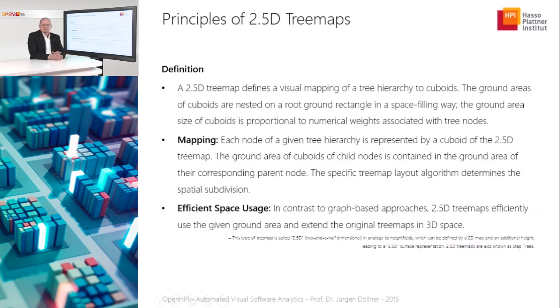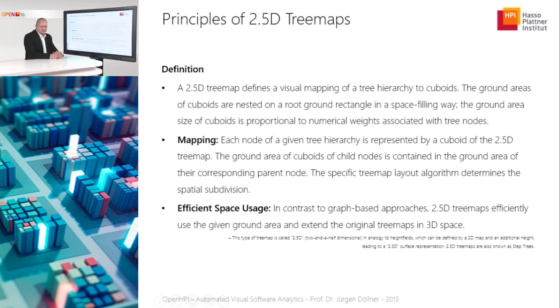Let's define 2.5-dimensional tree maps. It's defined as a visual mapping of a tree hierarchy to cuboids. The ground areas of cuboids are nested on a root ground rectangle in a space-filling way, similar to regular tree maps. The ground area size of cuboids is proportional to numerical weights associated with tree nodes, similar to regular tree maps.